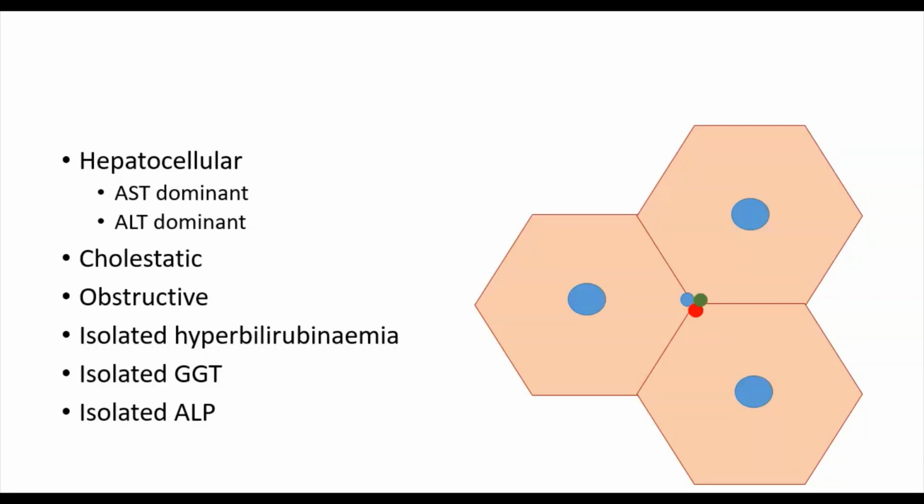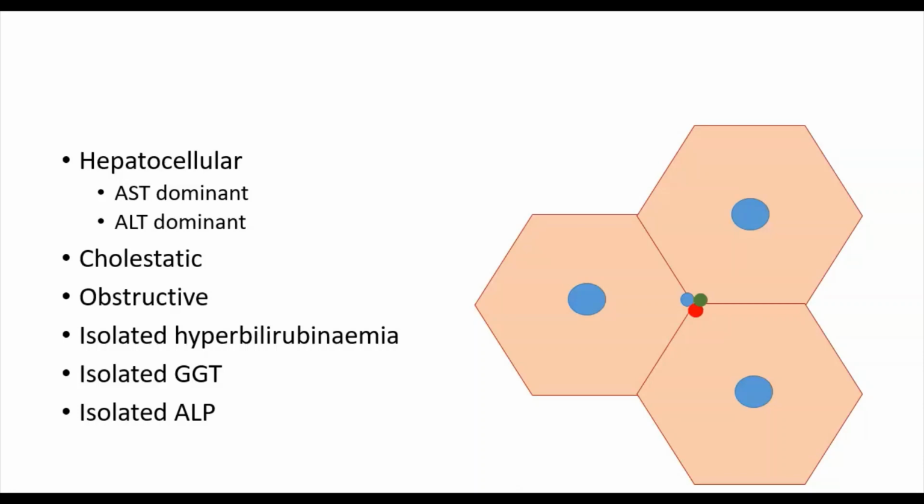The other pattern is that of an isolated GGT elevation, which can be due to excess alcohol intake because alcohol leads to enzyme induction of GGT. And there is the pattern of an isolated ALP, which may suggest a high bone turnover state, such as in osteoporosis or diseases with bone metastases or lytic lesions such as myeloma.